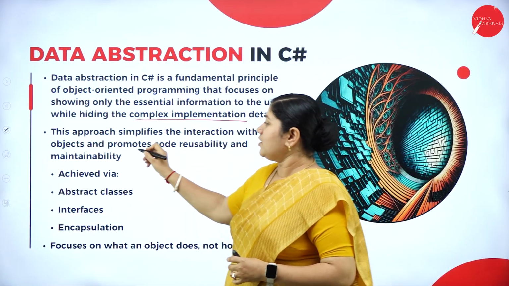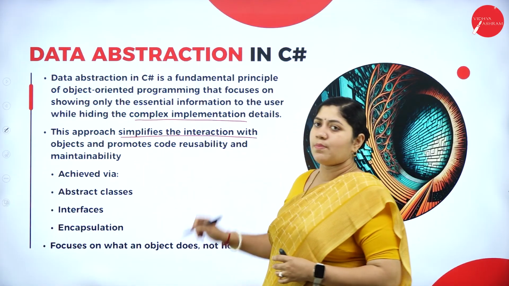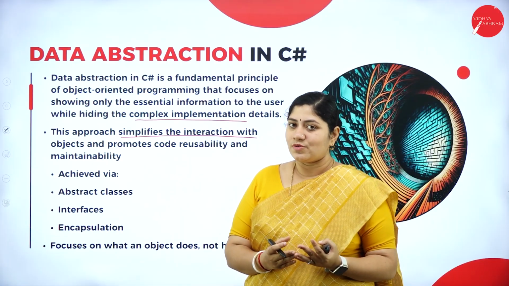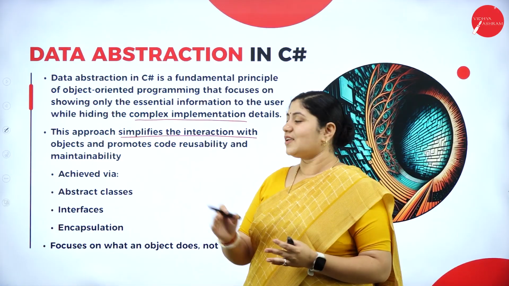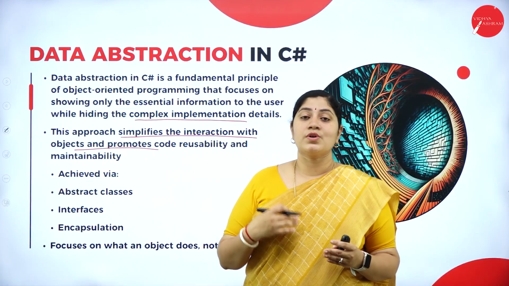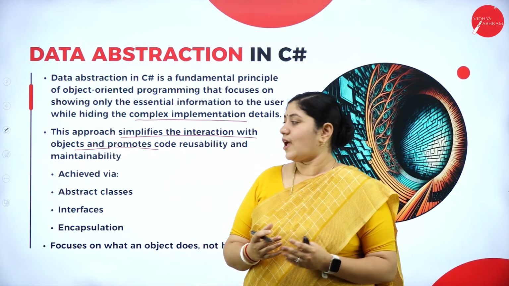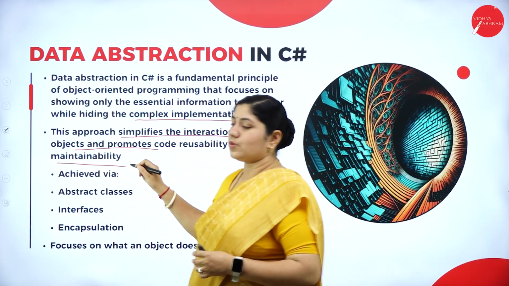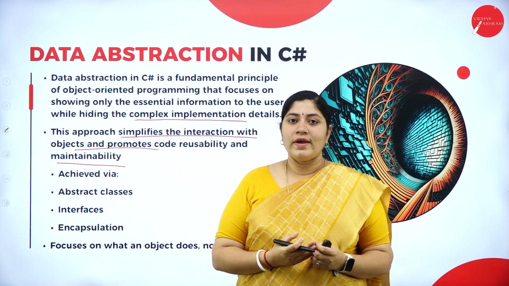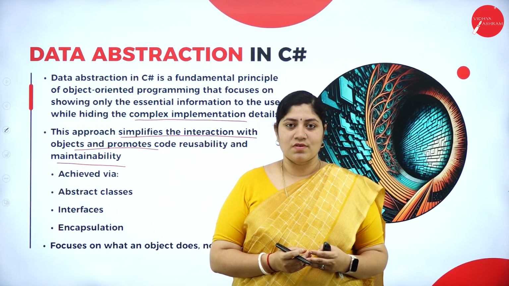All right, so over here, this approach simplifies things for us. What's the use of data abstraction? Yes, it simplifies the objects and promotes code reusability as well as maintainability. So these are the factors which are noted when we speak with respect to data abstraction.